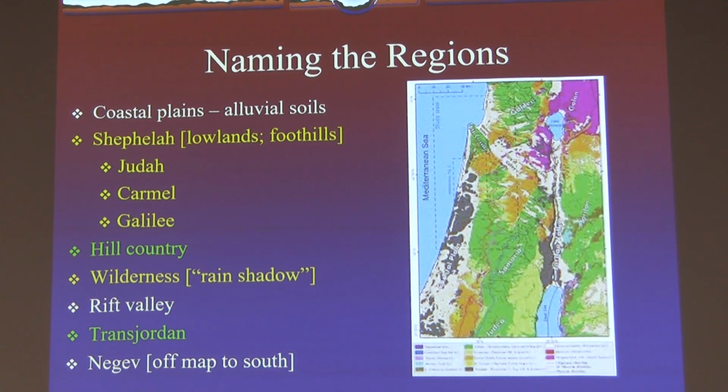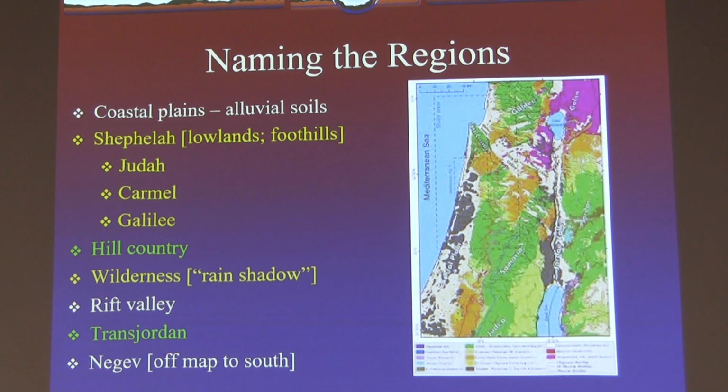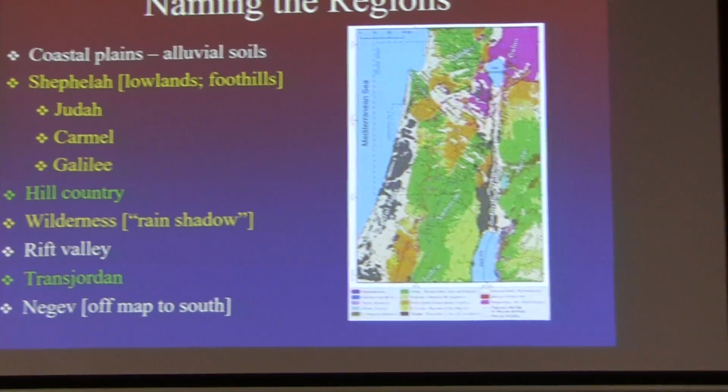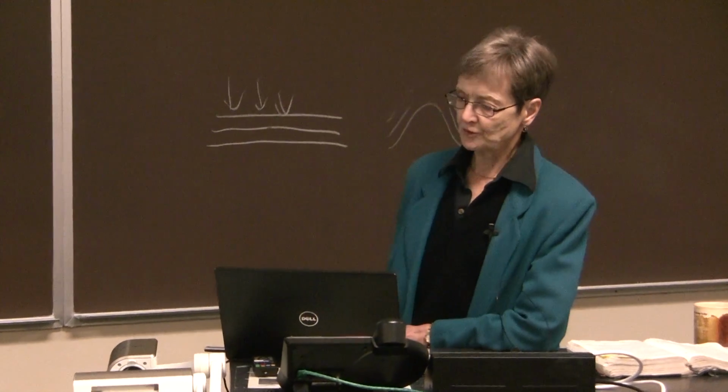Actually, the Romans began breaking through these things, so it wasn't just modern Israelis who did that sort of thing. We'll have much more to say about that when we talk about specific geographical regions, but for our purposes, think of the coastal plains as kind of culturally the equivalent of what we have, going back a couple of lectures, to the eastern coast seaboard of our country, where it is a coastal plain area.